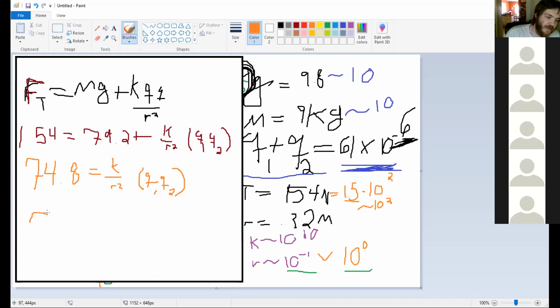And then we get 74.8 times r squared over k, and so that's algebra equal to q1, q2.